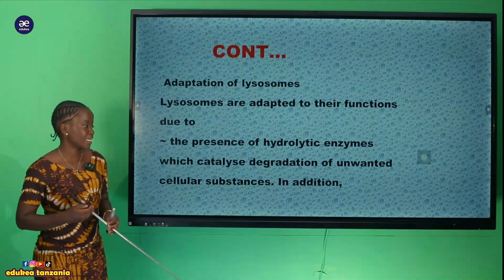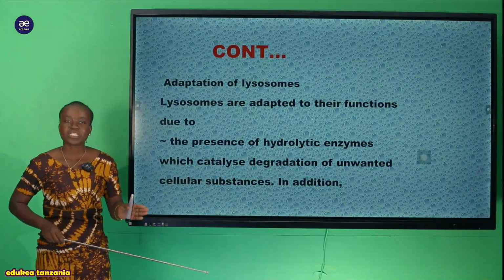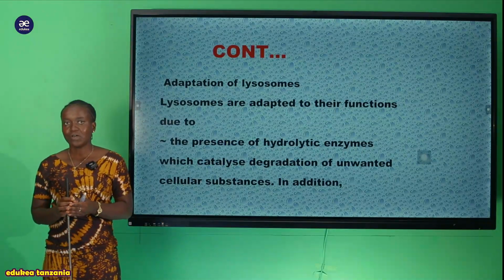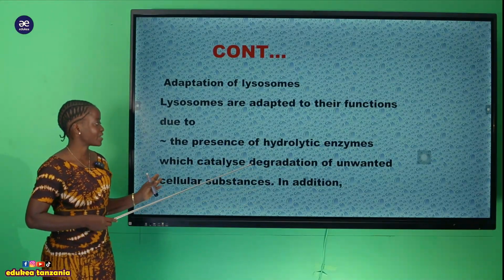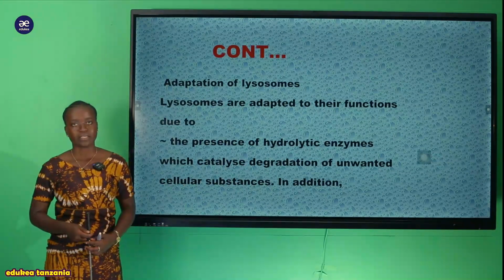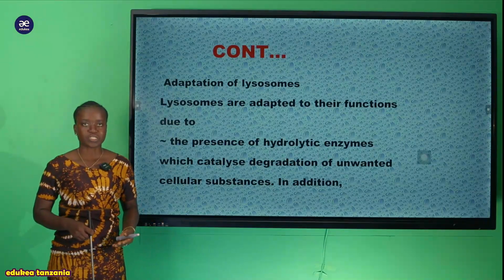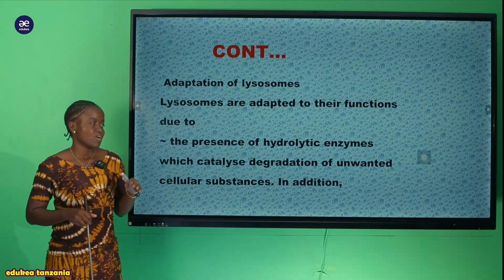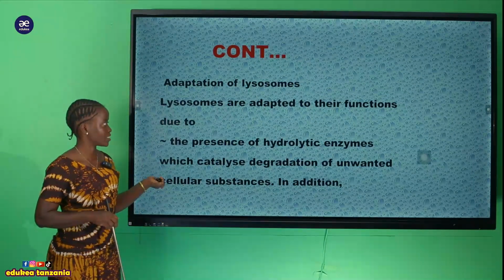So simply, the presence of hydrolytic enzymes found within the lysosome leads to degradation of unwanted substances within the cell. So that becomes the adaptation; it is adapted due to the presence of the hydrolytic enzymes found within it.